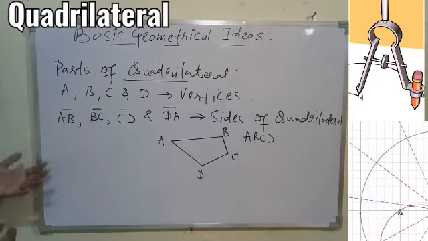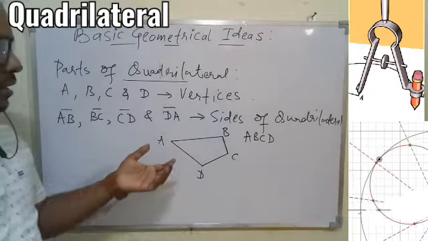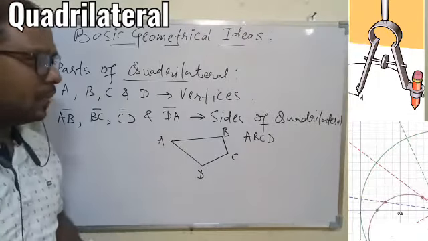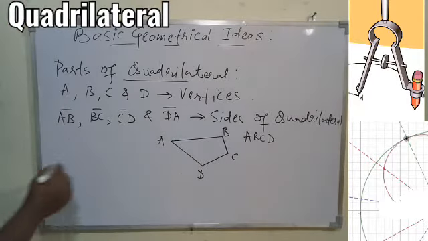I hope you understood the sides. If you have to define it, you can say the line segments which are forming the quadrilateral are called the sides of the quadrilateral, which are 4 in number.